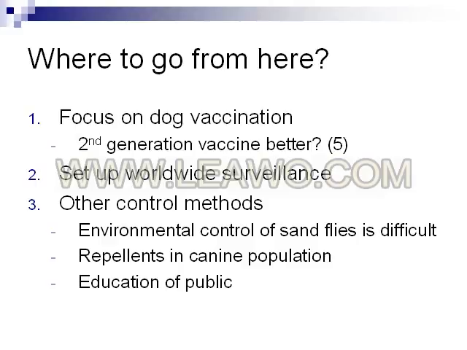So where can we go from here, just based on this information? First of all, I think we have to take after the example of Brazil and invest more time and money in leishmaniasis vaccination among the canine population. The data on the previous page shows much more promise.